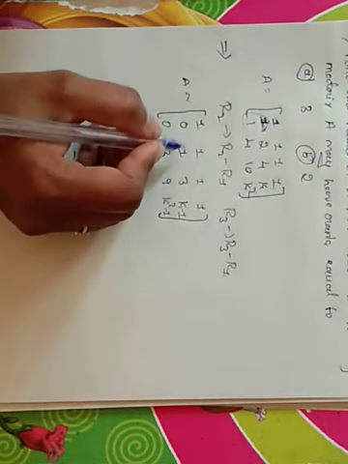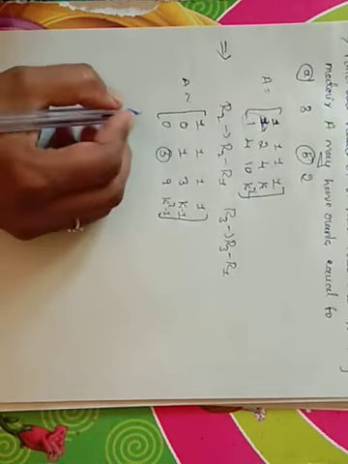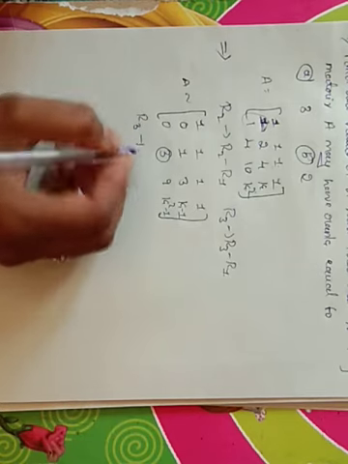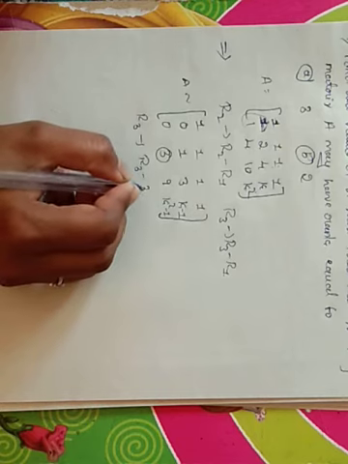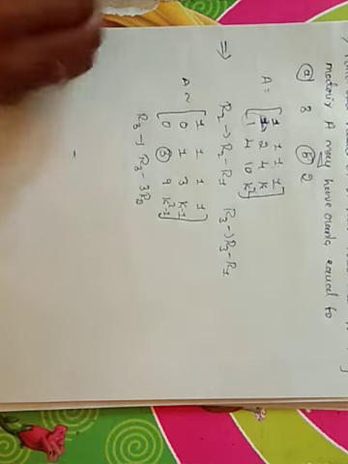Now we have to use this element and make this element 0. So now the transformation is R3 tends to R3 minus 3 into R2.